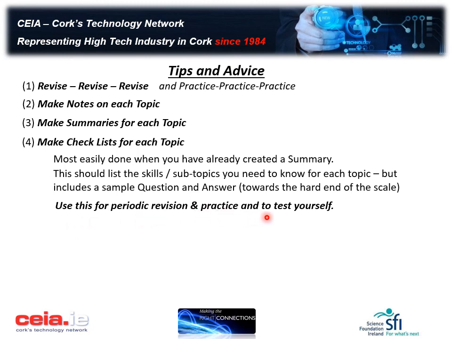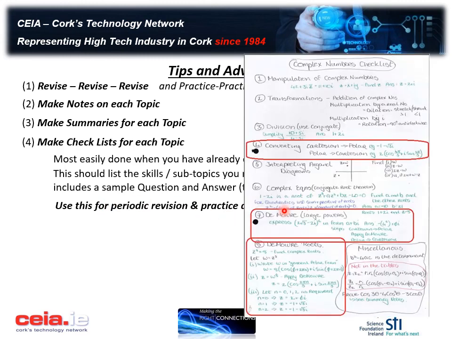So, all the studies around revision and learning say that you should try to revise a topic once every 1 month or 2 months or something like that. So this could be a tool that you would pull out maybe once a month, and spend no more than 5 or 10 minutes checking that you still understand how to solve these sample questions and answers.